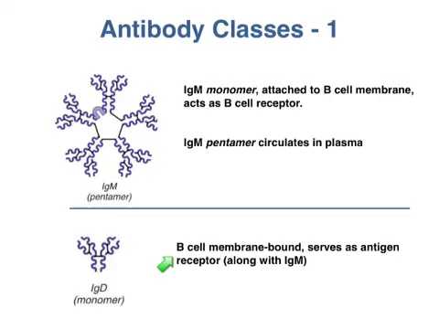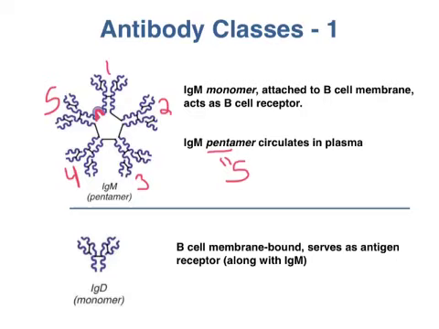IgD is not secreted as an antibody, but IgM can be secreted as an antibody, and when it is secreted, it's secreted as a pentamer. Now the prefix penta means 5. So the IgM pentamer is 1, 2, 3, 4, 5 IgM antibodies all joined together by a covalent bond.